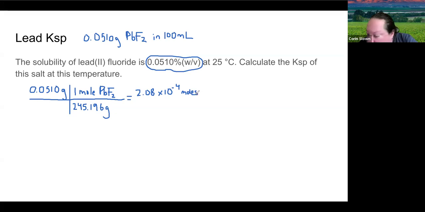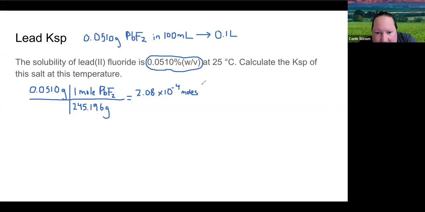Now, in this case, we're not really done because we do actually have to calculate molarity. Because this is 100 milliliters, that's also the same thing as saying 0.1 liters. If you want to, you can go through the process of showing that conversion. You could also say, if you needed to do this in molality, convert it to grams using the density.